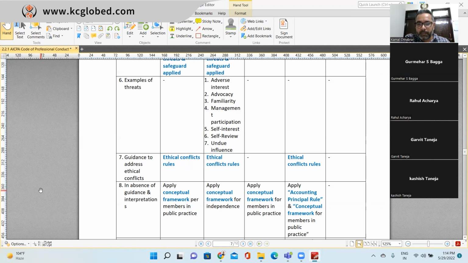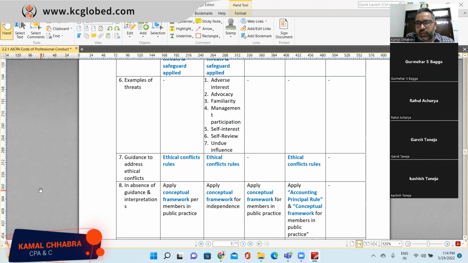So in that case, I guess advocacy and self-review are quite interrelated, no? Yeah, you can say so, but advocacy is more like representing in front of, you can say, the IRS, or maybe giving legal services. Advocacy is more toward when you are selling, like we were discussing in the morning, the example of an insurance agent, where you are advocating for your insurance company and selling their products and services, like Amway, Modicare products, for example, or maybe Oriflame products.